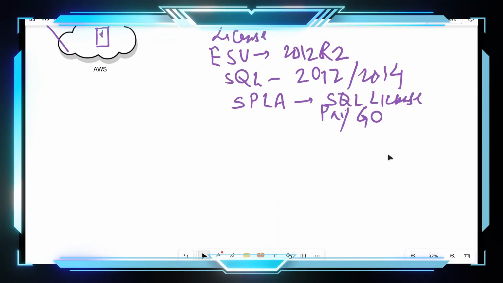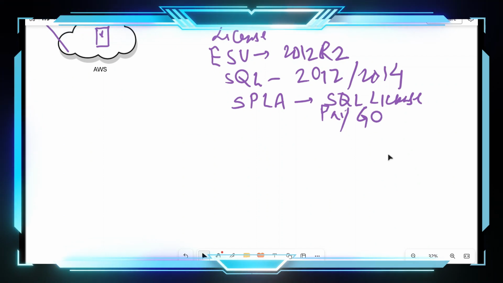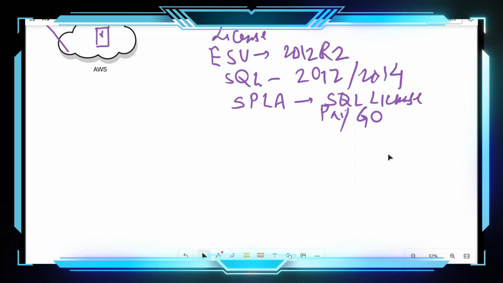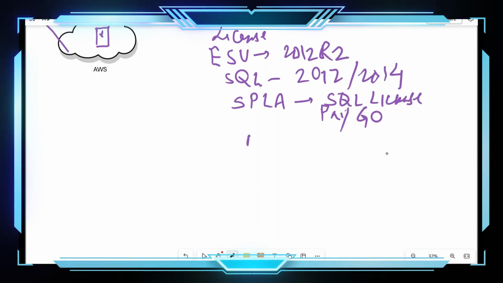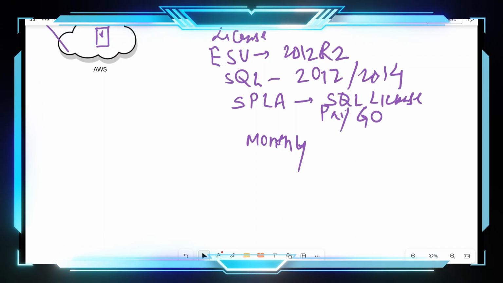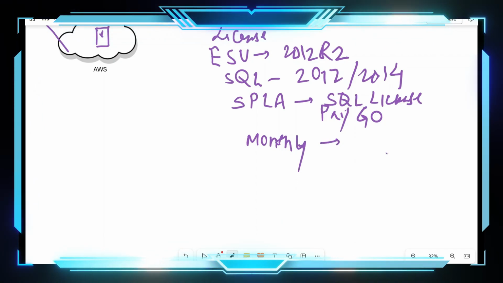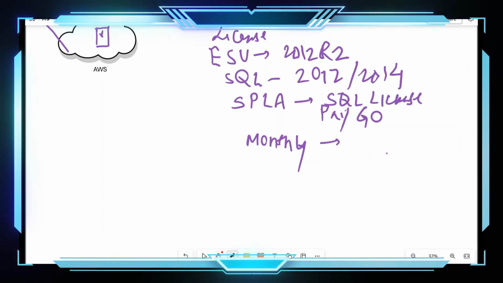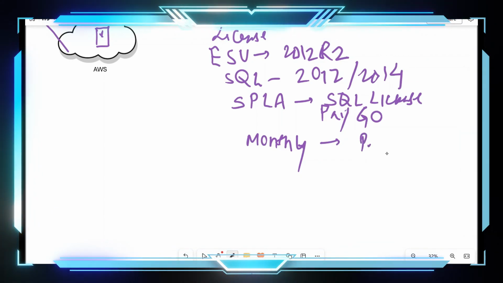But you might come across a scenario, because one major difference between SPLA and this regular pay as you go licensing enabled through Azure Arc is that with SPLA, you need to have a minimum monthly subscription available, whereas enablement through Azure Arc is going to be per hour.